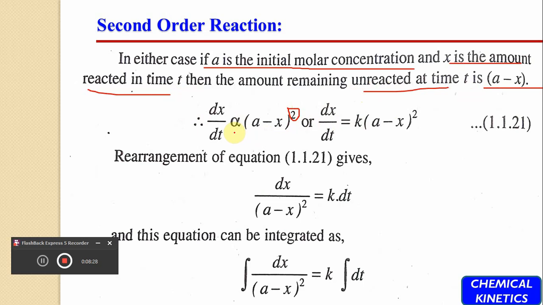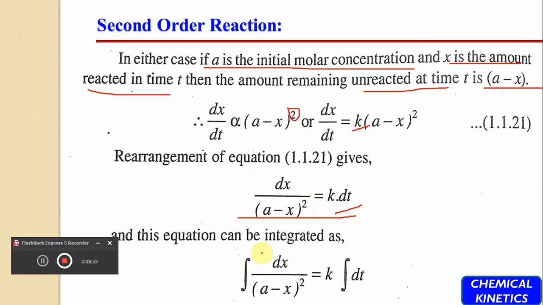So after removing the proportionality sign, we take the proportionality constant k, and by collecting the terms of x on one side and the terms of time t on the other side, we have the equation dx upon (a minus x) squared is equal to k into dt. So we will integrate this equation.